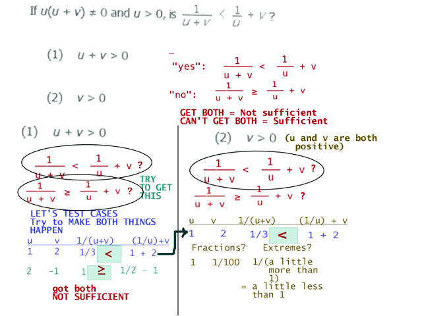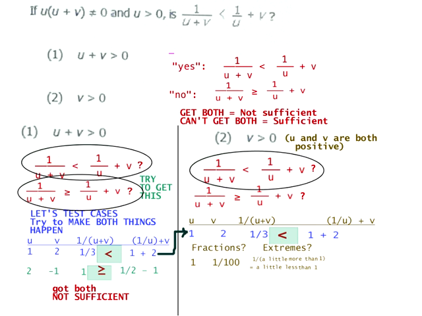That's good. Text is getting big. Let me make it smaller. All right, 1 over a little more than 1 is a little bit less than 1. But the right-hand side here is going to be, let me add a couple more places to that column. 1 over u is already 1, and then v is positive, so it's going to be bigger.